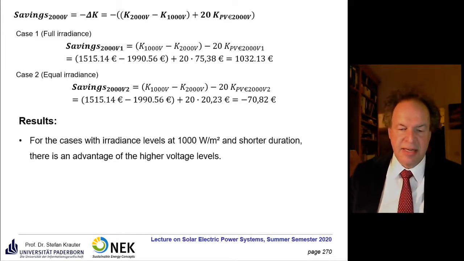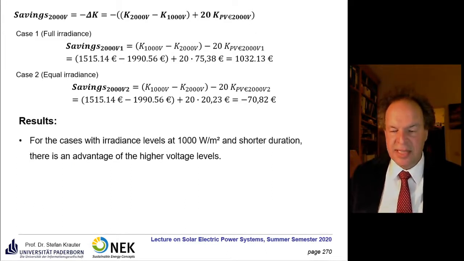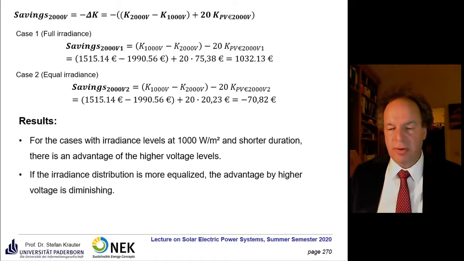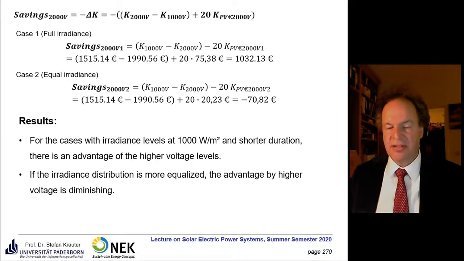We see that if we have intense irradiance, not for all time of the year, but close to 1000 watt per square meter, then we have some advantages for the higher voltage levels. But if we have more equalized irradiance, in the vicinity of 280 watt per square meter on average, then the advantage is diminishing.